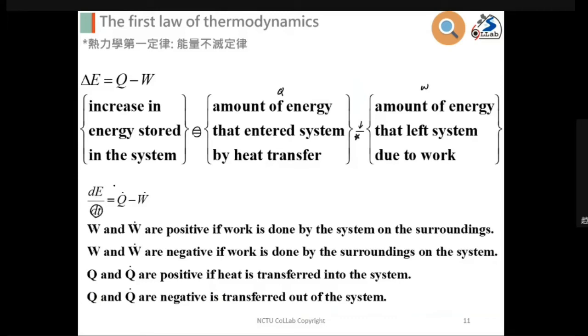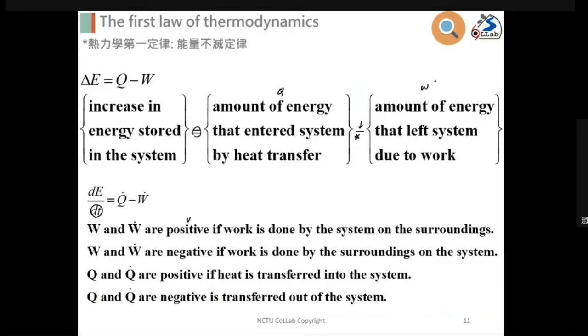So we have the work. If you have the energy stored in the system delta E divided by a certain time interval, the unit will change to hours. So use the Q rate and the minus W rate here.